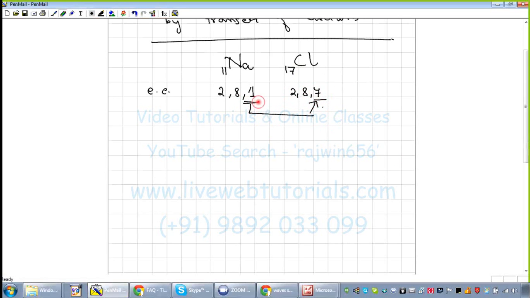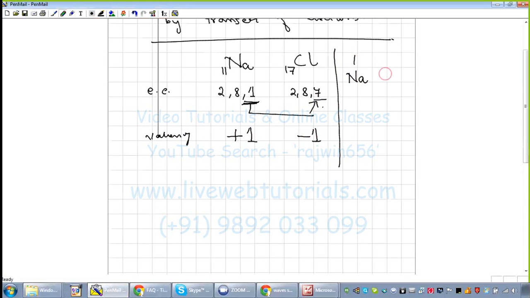Because sodium is donating one electron, therefore its valency will be plus 1. I'm putting the signs. Here it is accepting one electron, so it's accepting a negative charge. Its valency is -1.